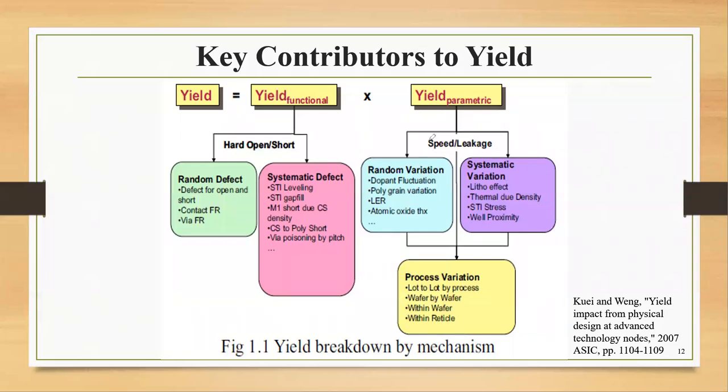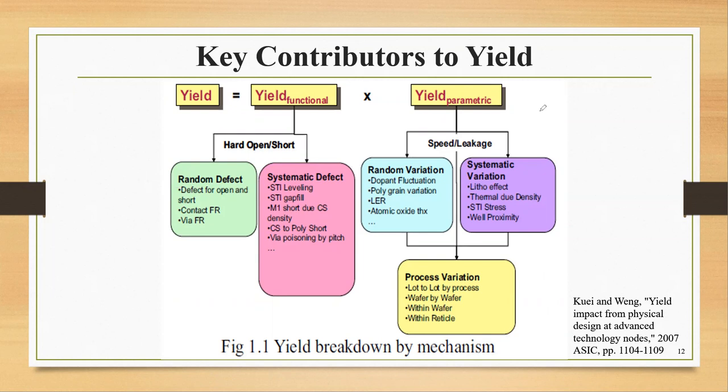If you look at the yield breakdown by mechanism, there are quite a few. You can see this summary, a very nice summary from IBM, that there are just so many reasons you could lose yield. There are random ones, there are systematic ones. We're going to talk about a lot of that in our next talk.